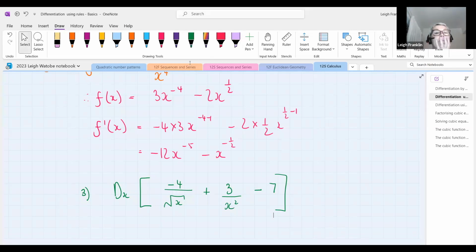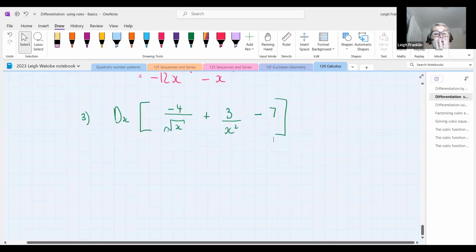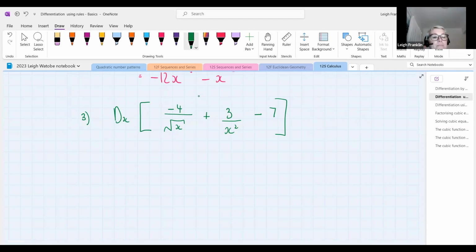What would we do here? Anybody want to try this one? Go for it, Leanne. What would we write? Ma'am, we can't find the derivative as yet since we have fractions. So first we're going to write d of x into negative 4 x to the exponent negative half.